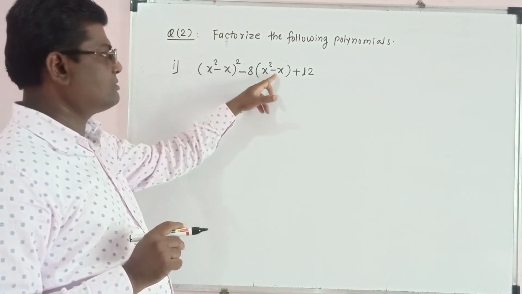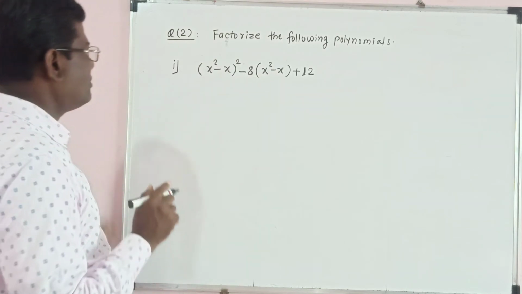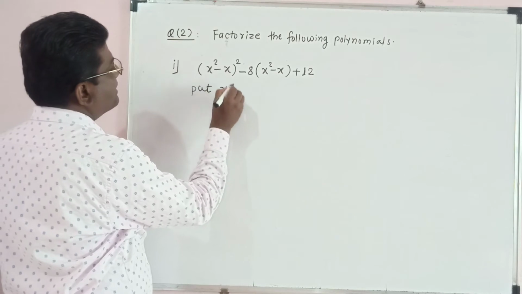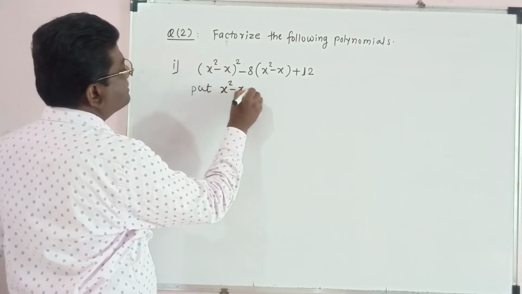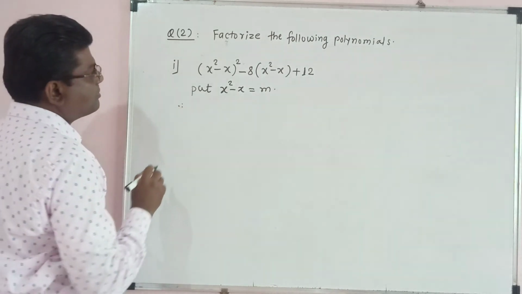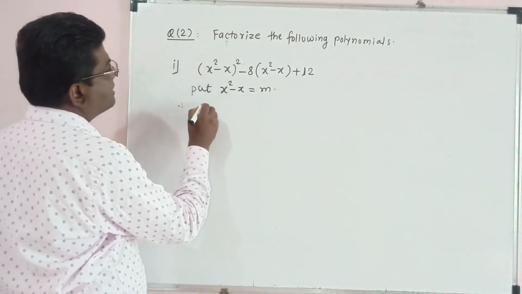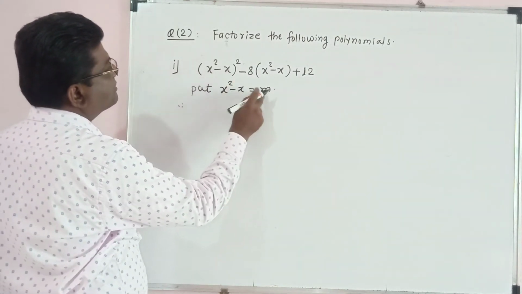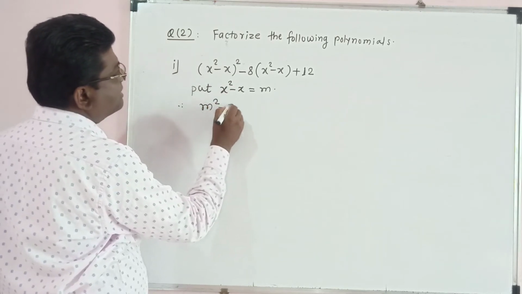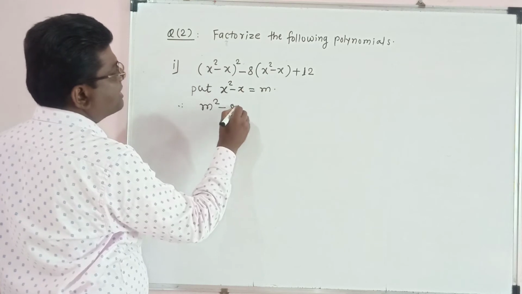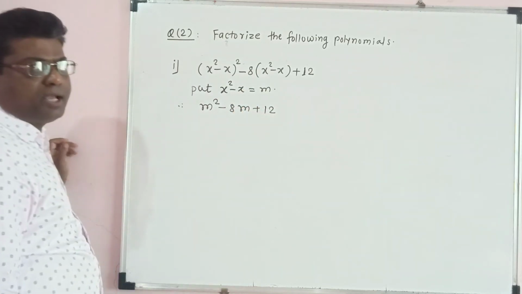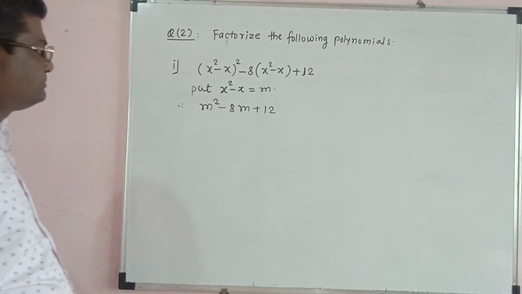Therefore the given polynomial will be m square minus 8m plus 12. Now this polynomial is in quadratic form.